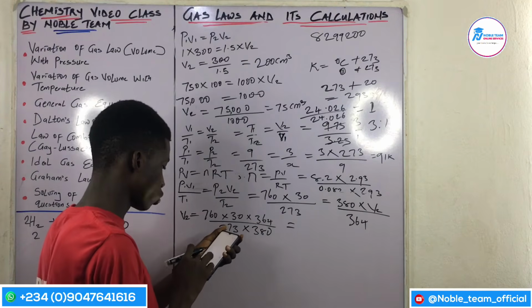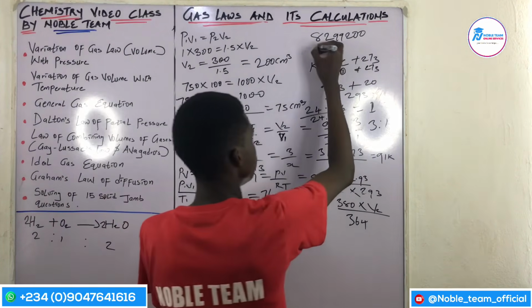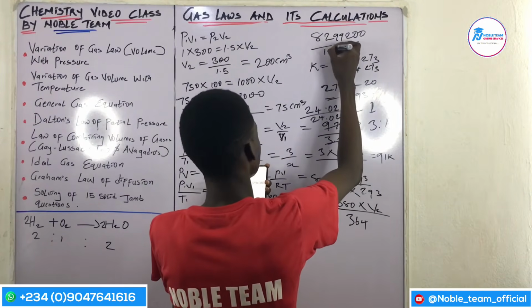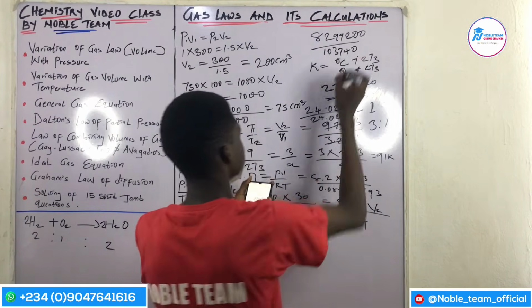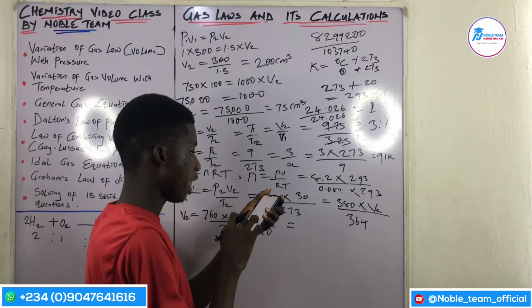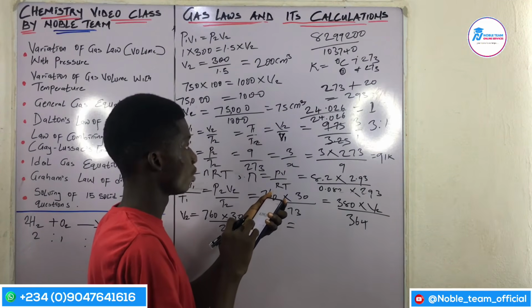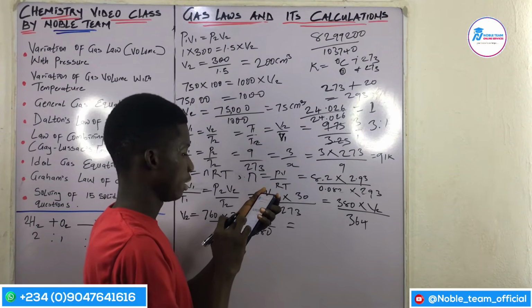Now let me punch this and get the final answer. I have 273 multiplied by 380. I have it to be 103,740. So now let's punch them. 8299,200 divided by 103,740.